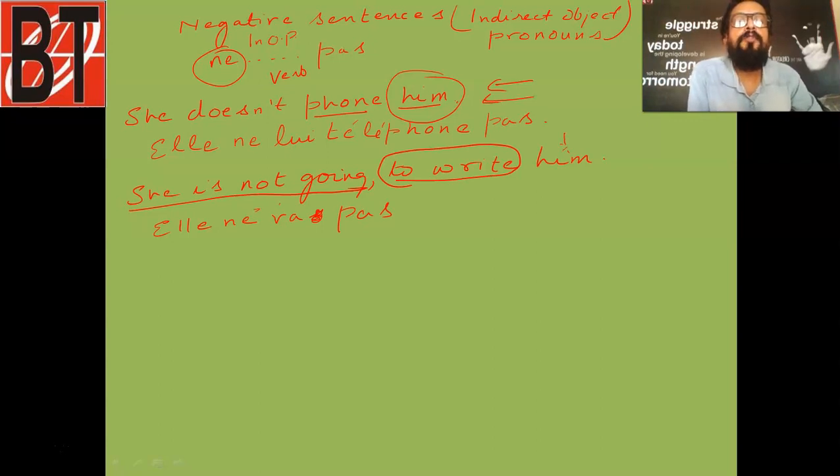To him. So this would come in the beginning. Elle ne va pas lui, and to write is écrire.